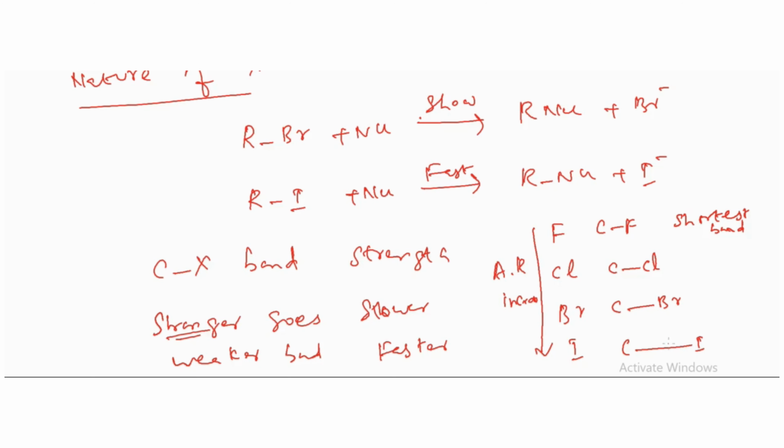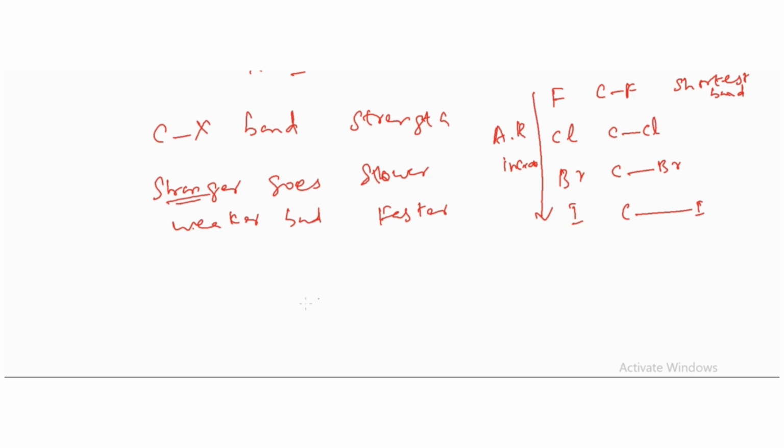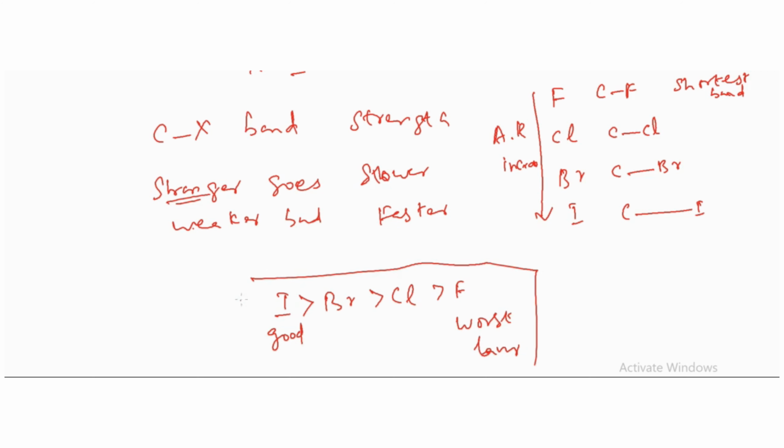That means it requires higher energy. Understood? But the carbon-iodine bond is a lengthier bond, and lengthier bonds are weaker bonds that will go faster reaction. Clear? In conclusion, iodine goes faster than bromine, then chlorine, then fluorine. Fluorine is the worst leaving group, and iodine is a good leaving group.